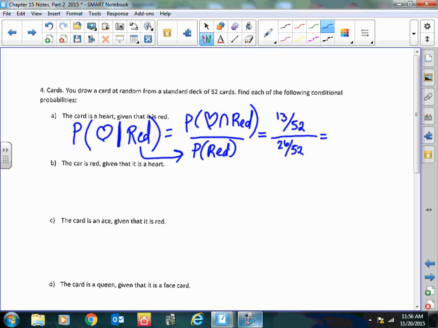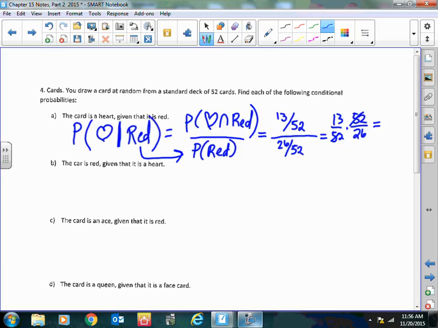So what happens is, how are you going to get rid of this bottom fraction? You're multiplying by the reciprocal, basically. So we're going to do our regular 13 over 52 times the reciprocal of the bottom. That's how you do your division.